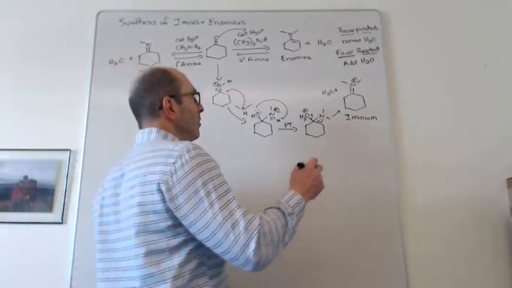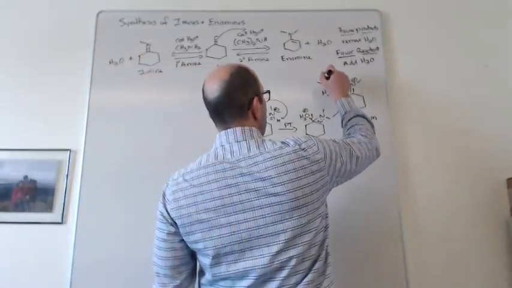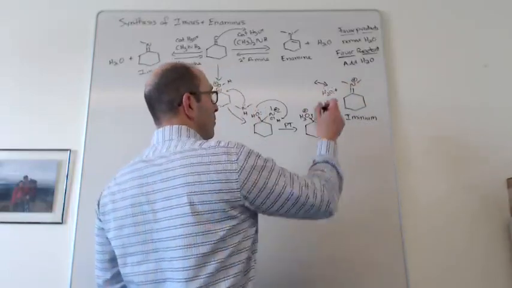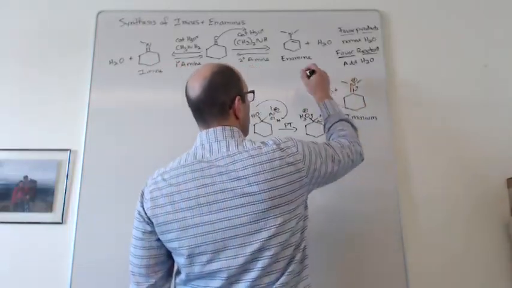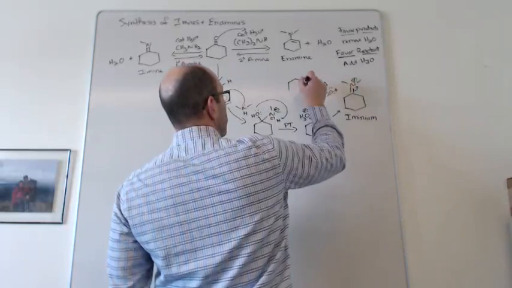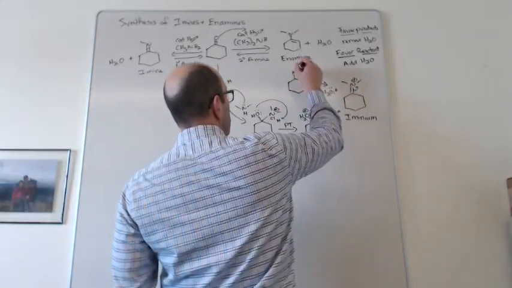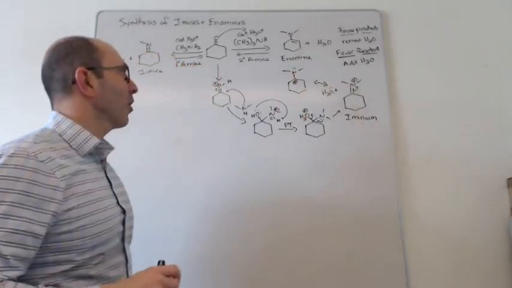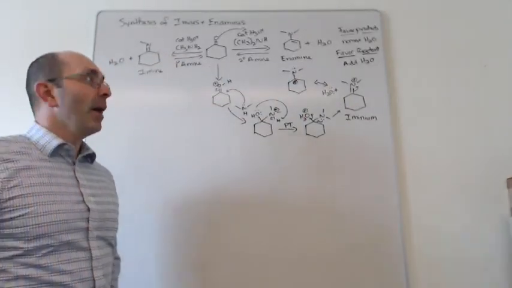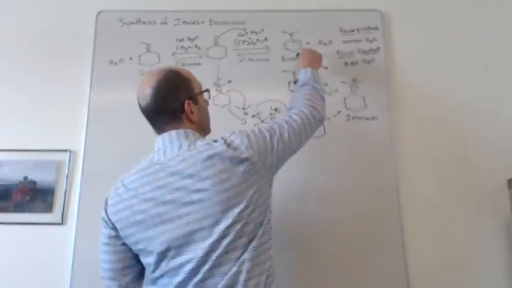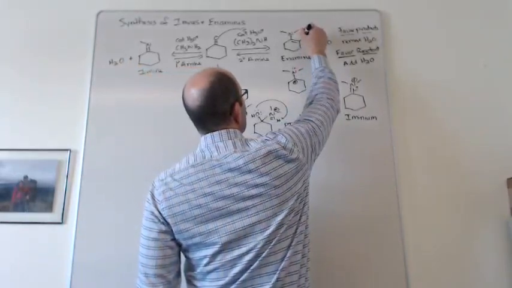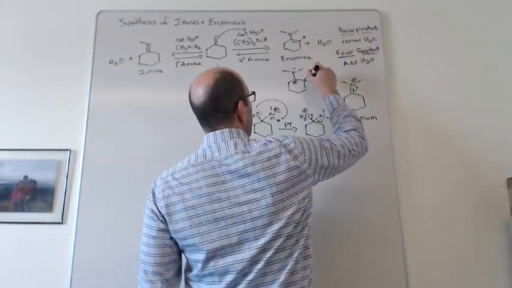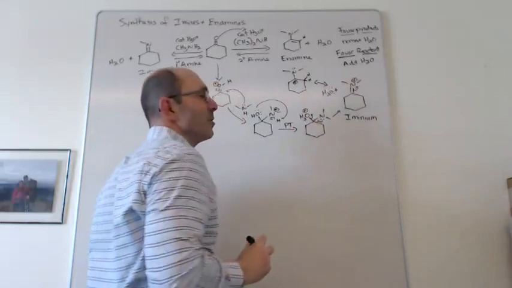And I think you can see which proton you have to remove if you draw the resonance structure. So the resonance structure is a carbocation, and the only difference between the enamine and that carbocation is a CH bond.